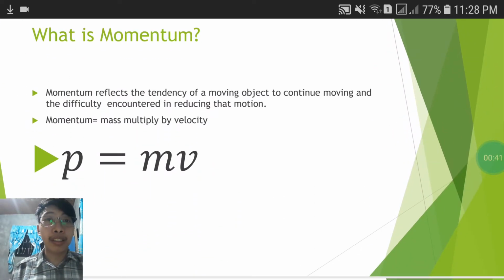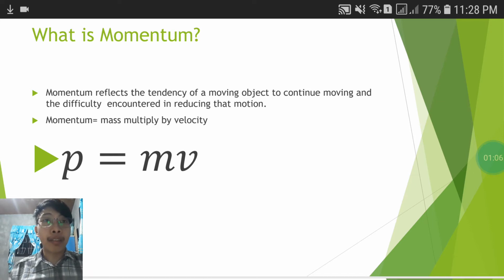So first, let's define what momentum is. Momentum reflects the tendency of a moving object to continue moving and the difficulty encountered in reducing that motion. Momentum is equal to mass multiplied by velocity. Therefore, we can conclude that momentum is directly proportional to mass and directly proportional to velocity.